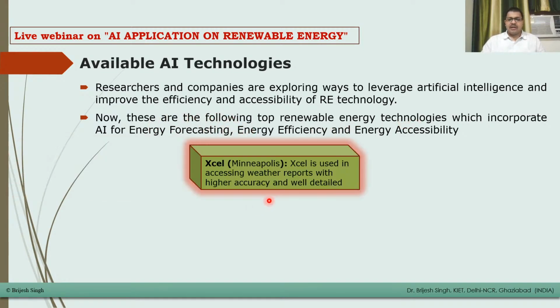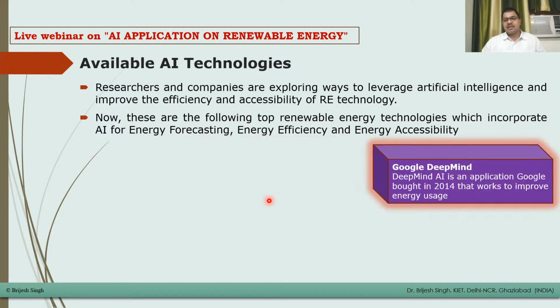Similarly, Excel is a monopolist that works on accessing weather reports with higher accuracy and detail. If you have well defined, well structured and accurate weather information, then you can easily predict the available power or energy from renewable energy resources, and access it accordingly.